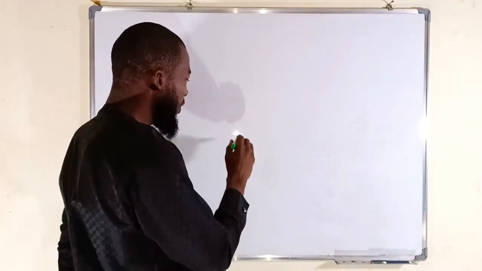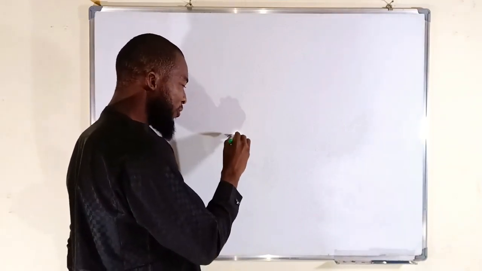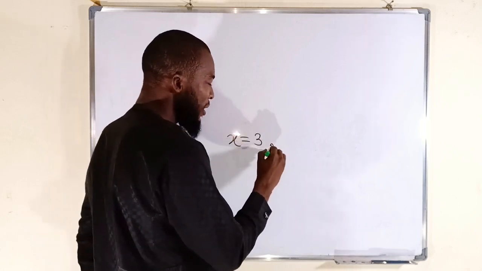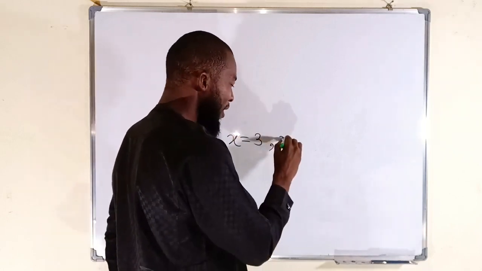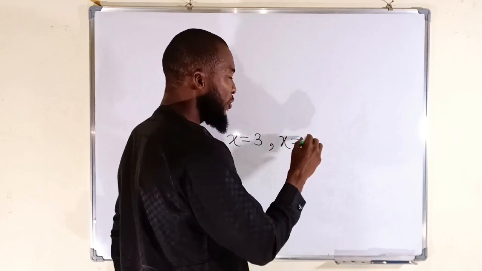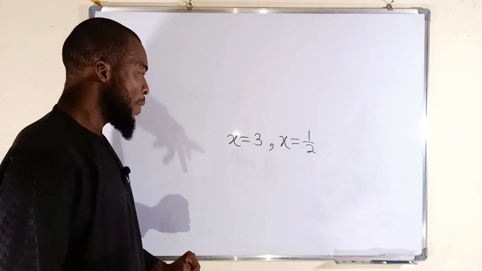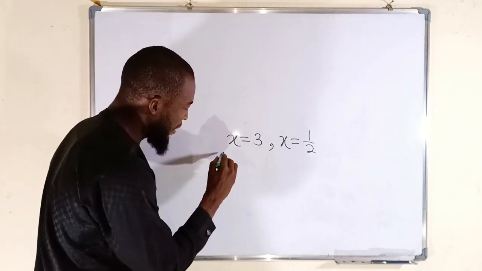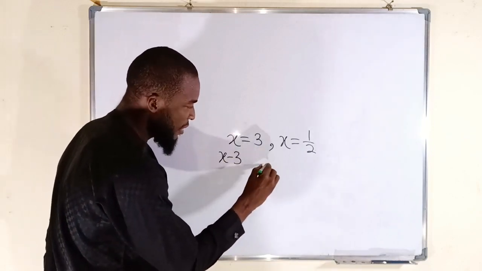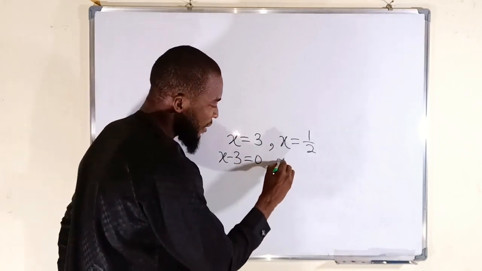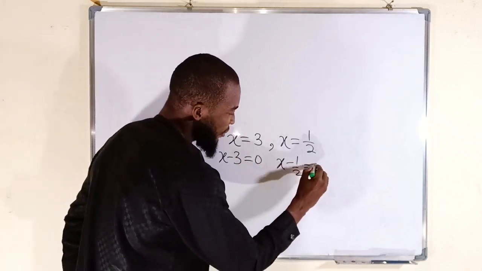Suppose we want to solve an equation which in the end our solutions will be x equal to 3, for example, and another x equal to, can we use 1/2? Yeah, let's use 1/2. Just an example. You take this one inside, it becomes x minus 3, but you have to set it equal to 0, right? x minus 1/2 equal to 0.